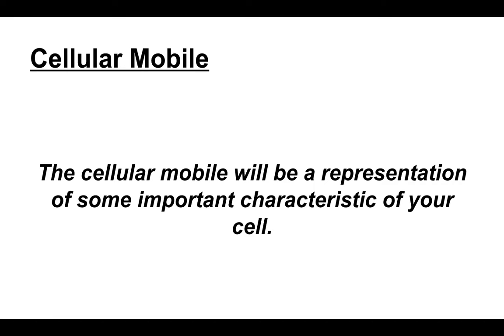It's going to have all the regular organelles. However, obviously, it's got a pretty important role because once it starts dividing, it becomes the organism that it's the offspring of. So again, we're trying to create something that is going to highlight at least one important characteristic of your cell or the organism that you've been assigned.